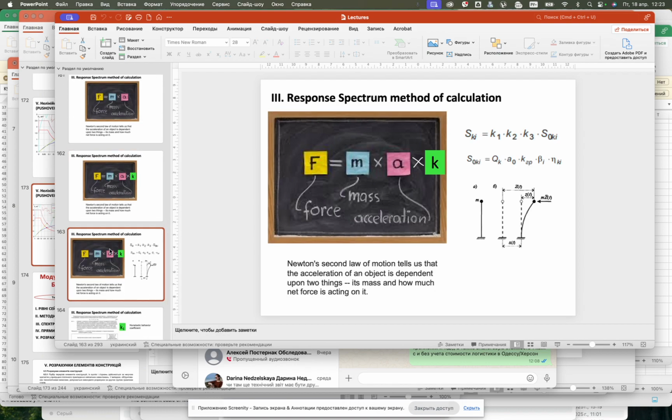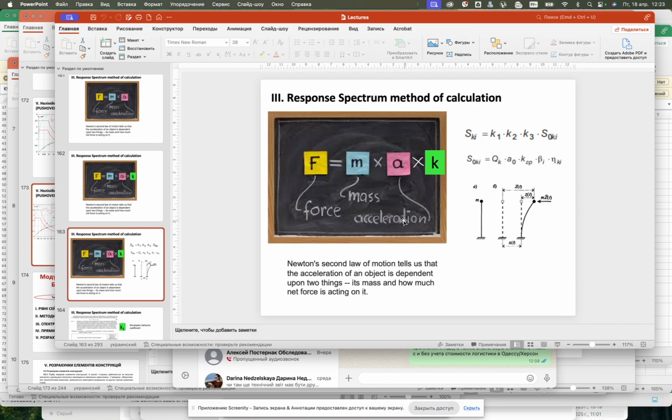In our case, this formula, according to our DBN, can be transformed into these two formulas, which describe absolutely the same thing. But in this case, force marked with the letter F, in our case seismic force, is marked as the letter S with the indexes ki.